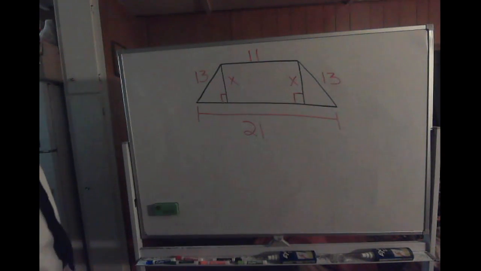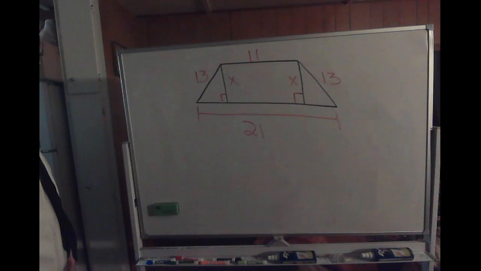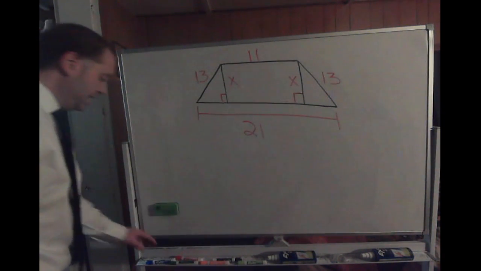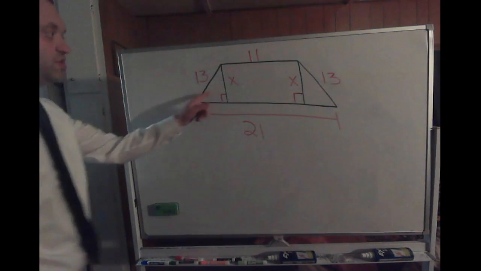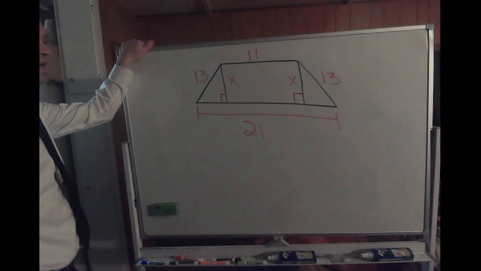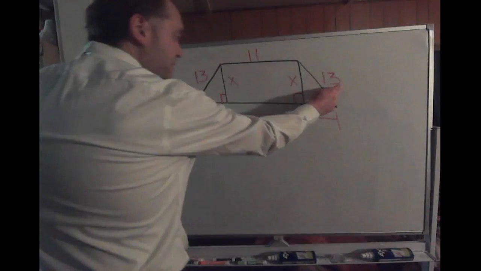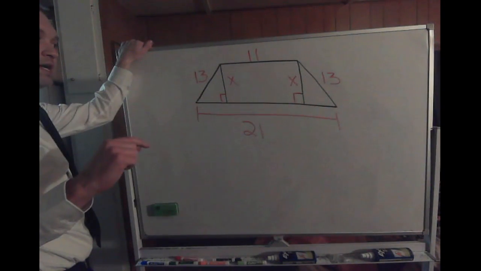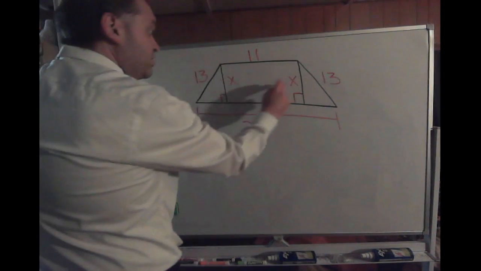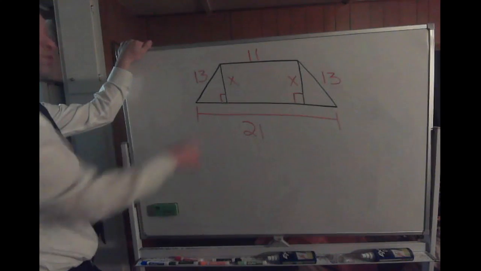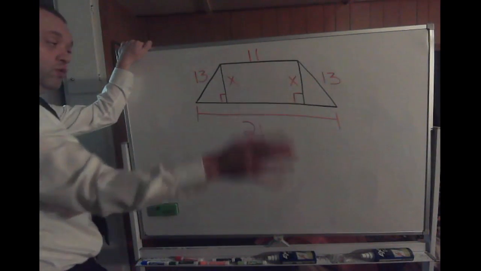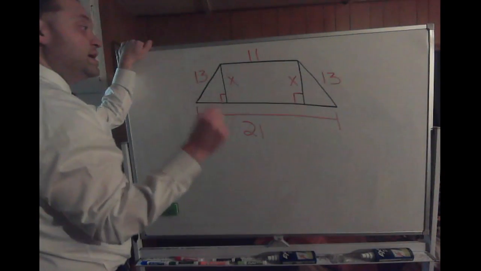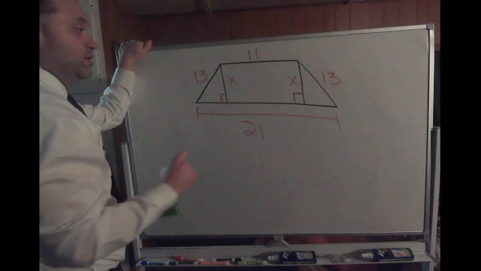What we have to do now is consider each of these triangles first. Both of them have a congruent hypotenuse with length 13, right? And they both have congruent legs with length x. Therefore, these two right triangles are congruent by the hypotenuse leg theorem.